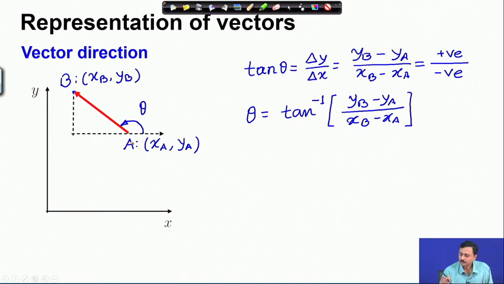So, you will have to look into the sign of numerator and denominator in order to decide whether this vector direction or the angle of the vector is in the second quadrant or the fourth quadrant. Both will give you a negative ratio. So, you have to look at the sign.